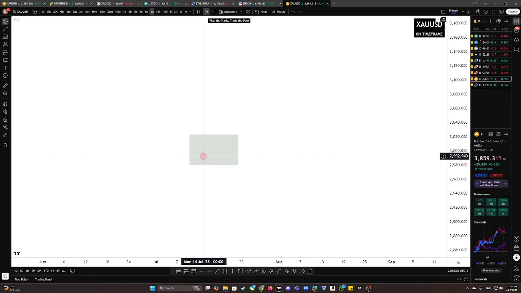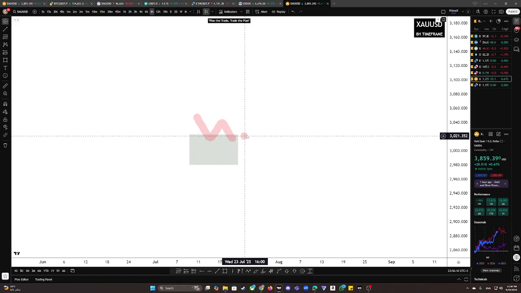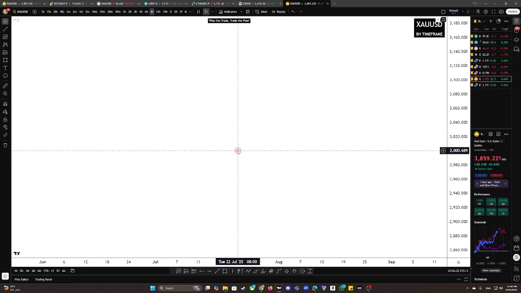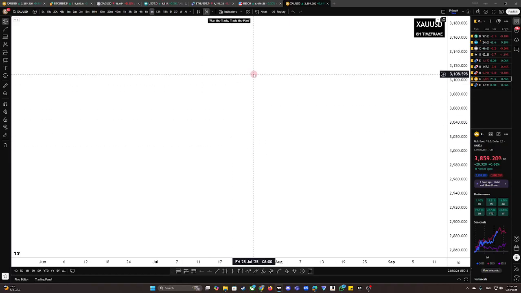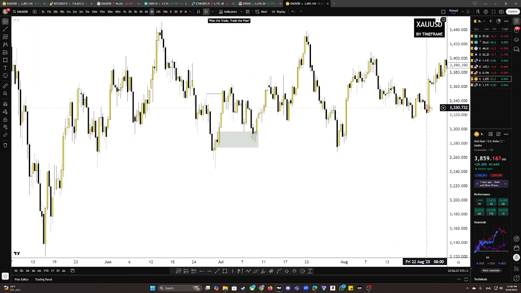So basically just look for entries on the first touch of a zone. As soon as we hit this zone, you can start looking for entries because it was never touched before. But if we hit a zone and then move a little bit and then come back to it, do not look for another trade. And that is the second type of demand and supply order blocks.